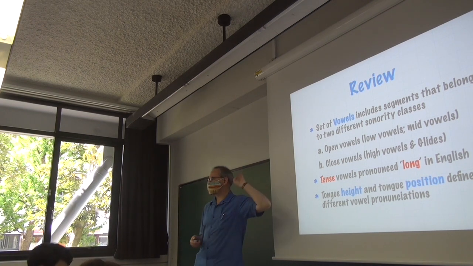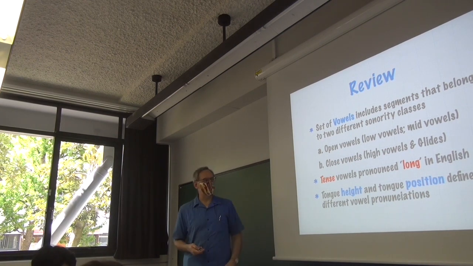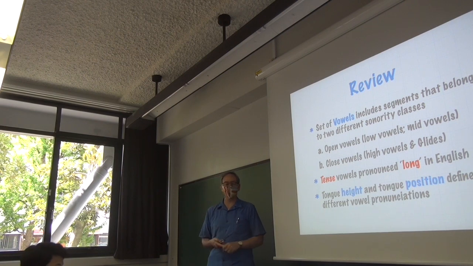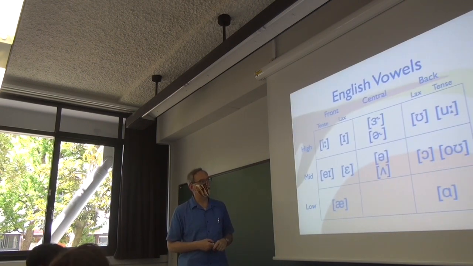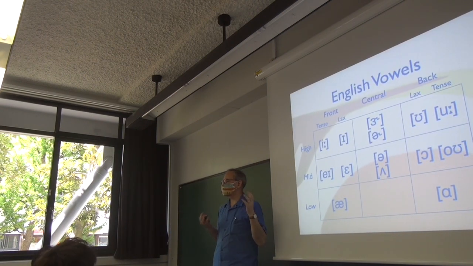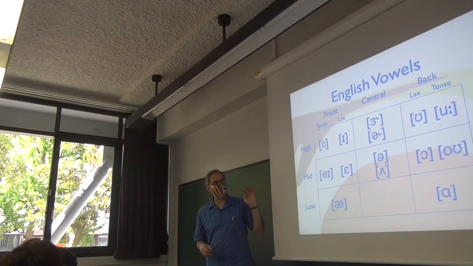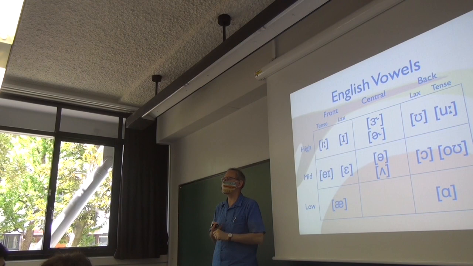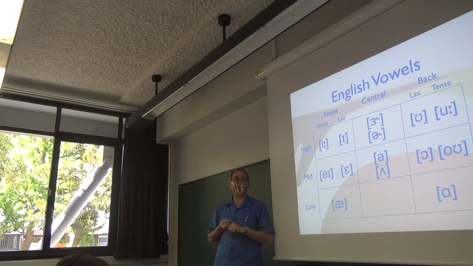Now, none of this is new information. This is just a summary of some of the points I introduced last week. And we had this kind of chart where we represented the place in the mouth where the different vowels are pronounced.